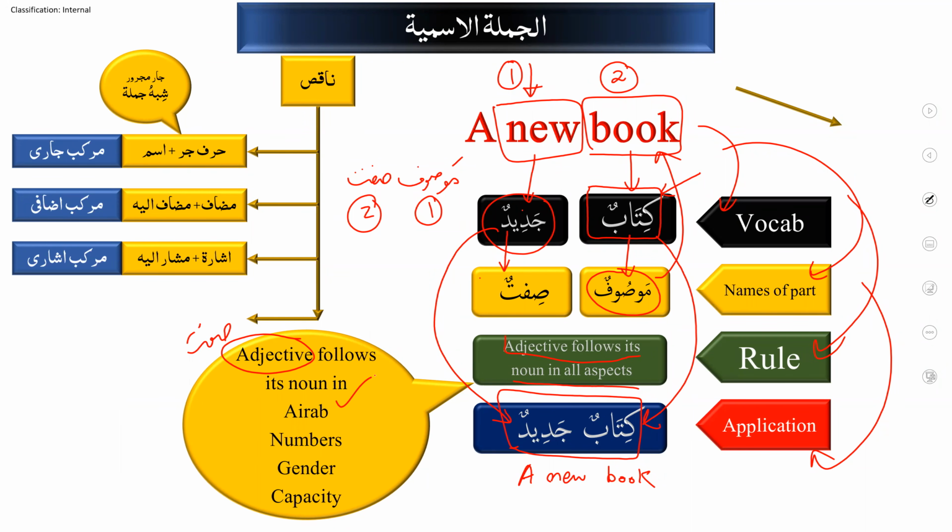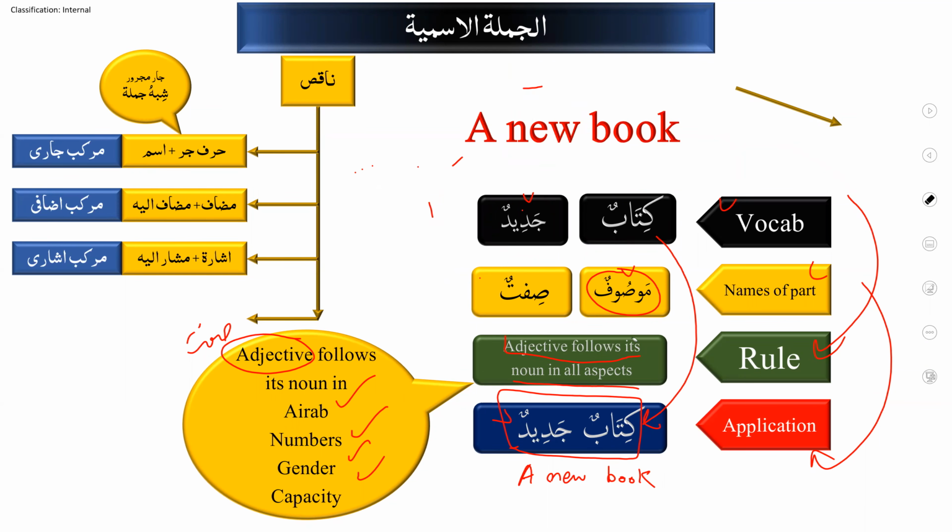What? I'rab, numbers, gender, and capacity. For example, now I'll erase this and try to give you more focus. This kitabun, if because of any reason it becomes kitabin, then this jadidin will follow it, it will be jadidin.